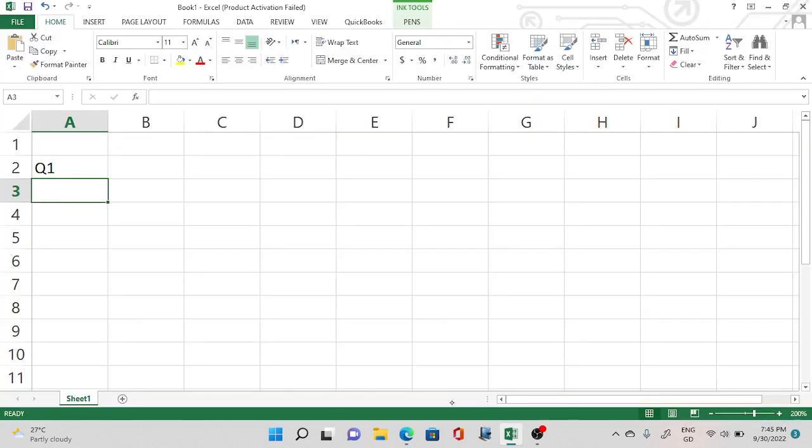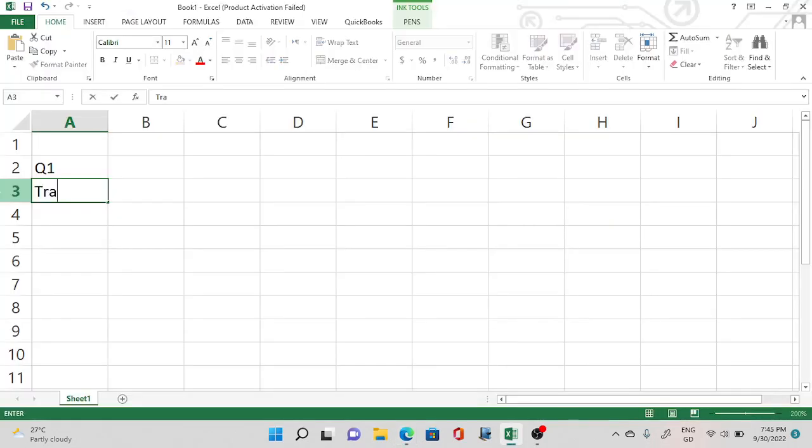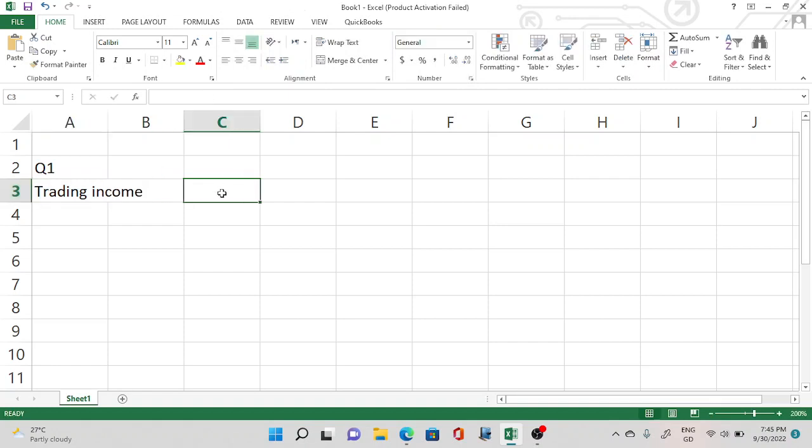The income they have provided in the question depends upon the examiner. He can provide you with a number of incomes or he can give you any one. Currently in this question we have trading income, which is part of non-savings income.